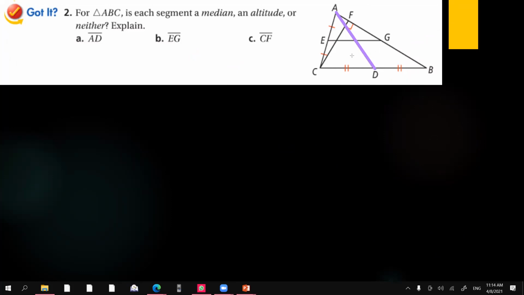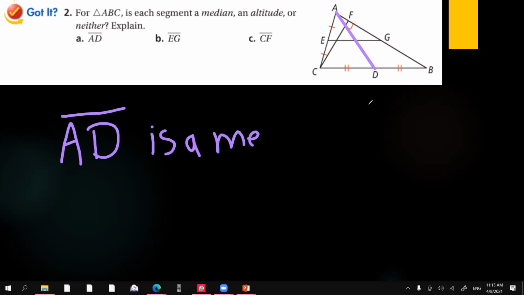So what do we call this? Median, bravo. So line segment AD is a median of the triangle ABC.